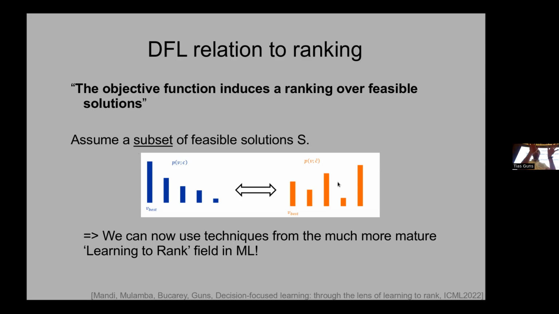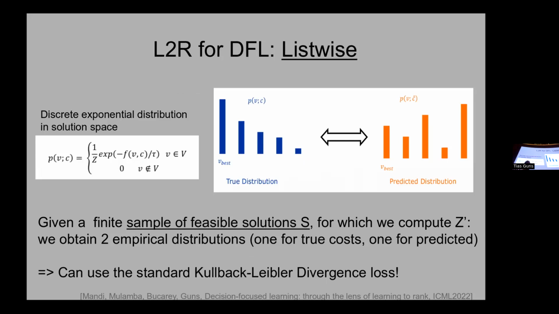And so under this finite set, we now have 2 rankings, and we can use existing loss functions from the learning to rank literature over that. One example is the listwise loss function. If we assume a discrete exponential distribution over the solutions induced by the objective function with some scaling parameter, then these can be seen not just as the value of each of the feasible solutions, but as a probability distribution over that finite set of samples.